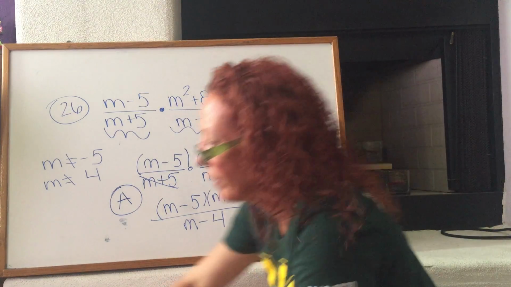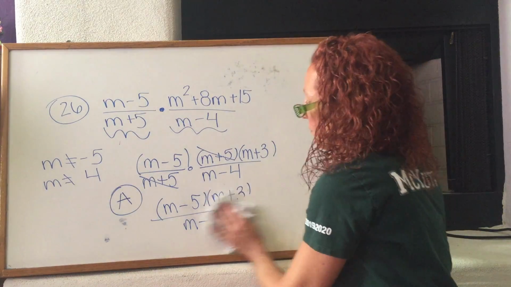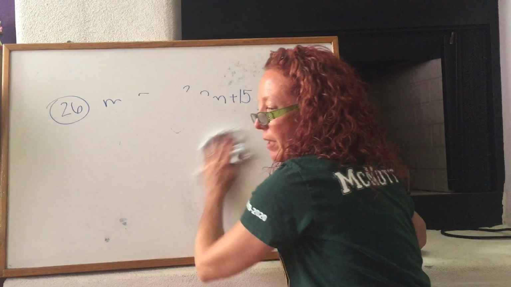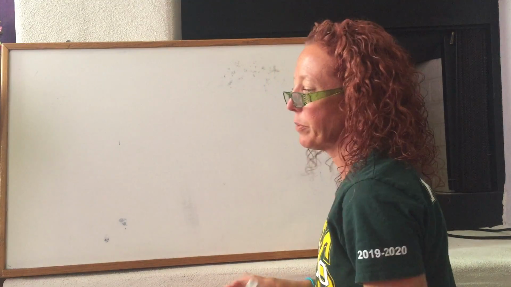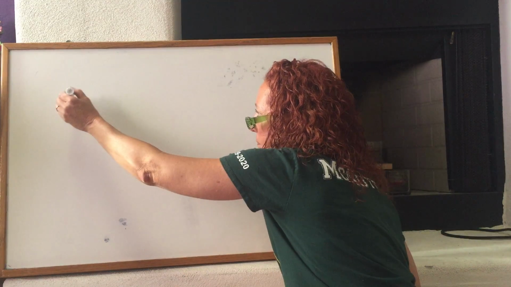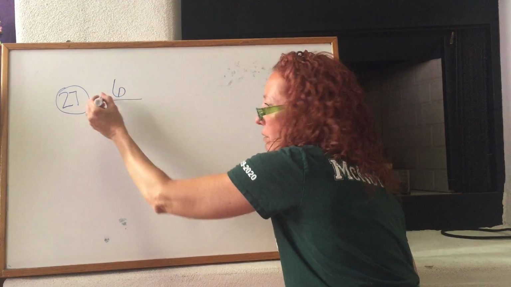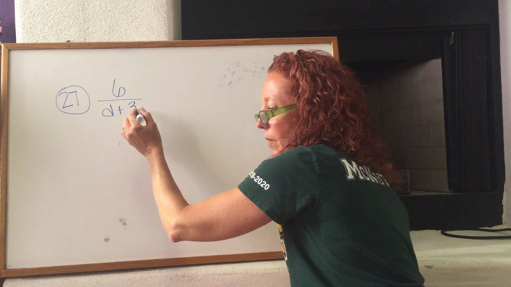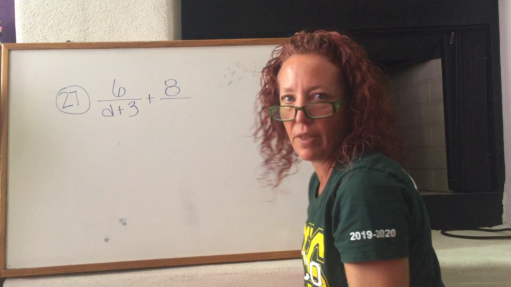All right, we're getting through it. 27. All right, now we're adding. My denominators are not the same, but I don't think it's going to require that much work to get them the same. So 6 over d plus 3 plus 8 over, can I just factor that as I go?